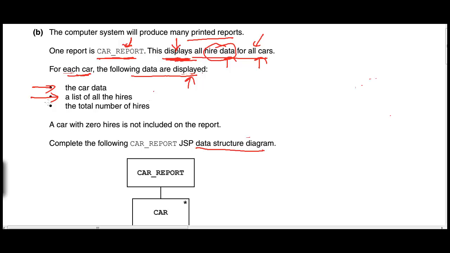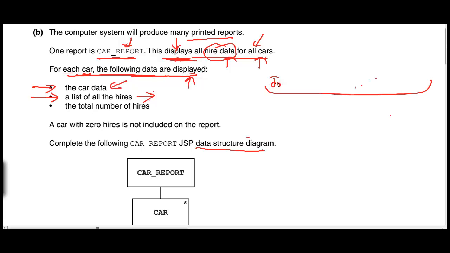So most likely, information about the customer is not going to be mentioned, right? That's the impression we are getting, because he's saying the following data is going to be displayed: the car data, which is basically going to be the car registration number, and a list of all the hires. And if you remember, this was what we had said, right?